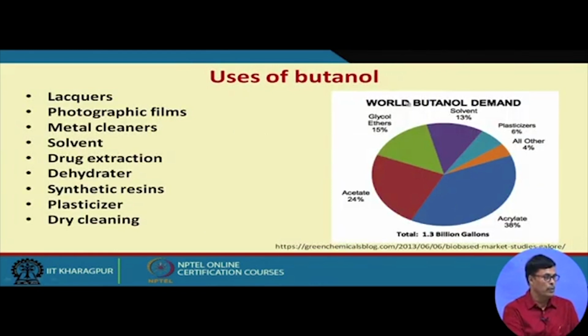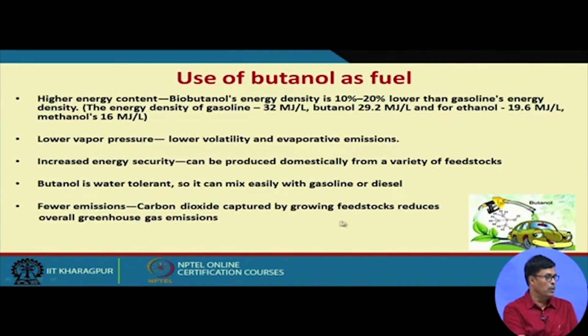Now, here we have given some information on world butanol demand. The total is 1.3 billion gallons, and where it is used has been noted here. We can see most of the butanol is used for acrylate production, and then we have acetate, then glycol ethers, then solvent and plasticizer.